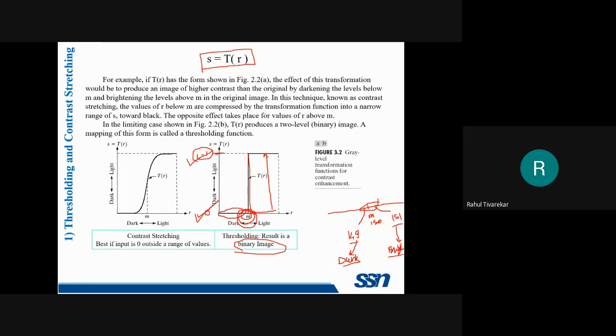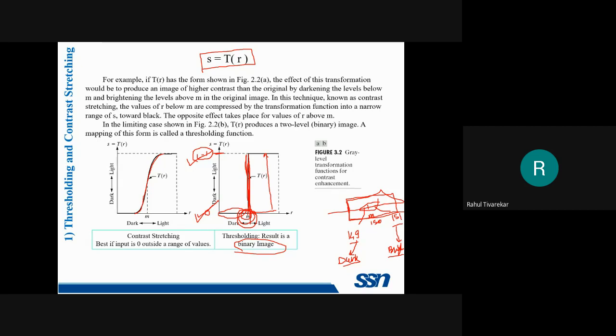If we don't want this to happen, if we want a slow transition of intensities for all the pixels which are close to this M, then instead of this sharp vertical edge, we can have a smooth increasing edge like this. The result we get in the output is called contrast stretching.